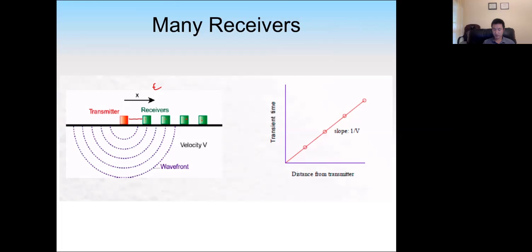This is distance from the transmitter, and this is the time, which we can measure accurately. The slope of that curve will be 1 over velocity. Based on that, we can calculate the velocity of the wave transmitted in the material.